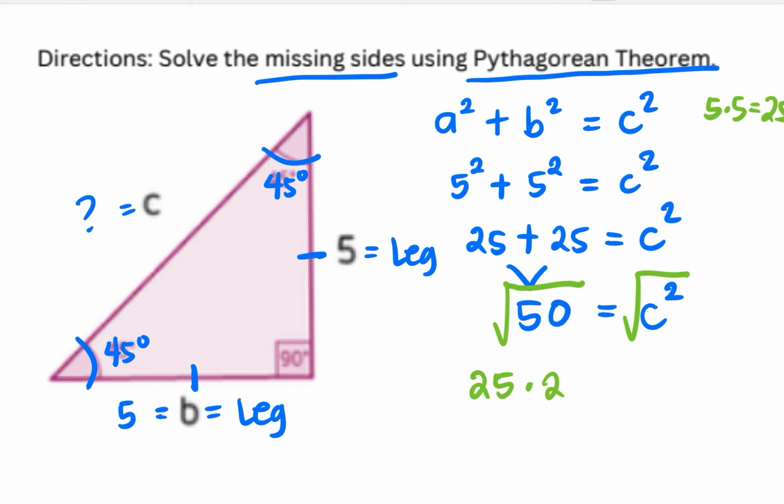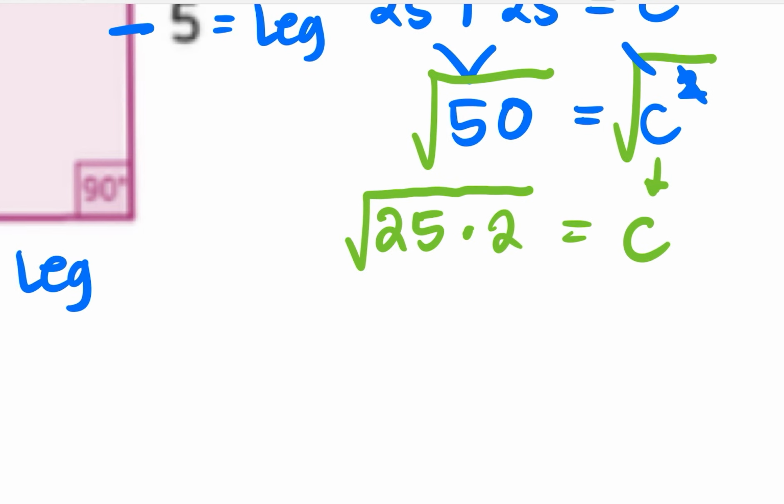Now, we're going to attach the square root symbol that goes with it. It will be equal to c, since the square root symbol goes away together with the exponent of c. We can split the square root of 25 and the square root of 2 equals c.